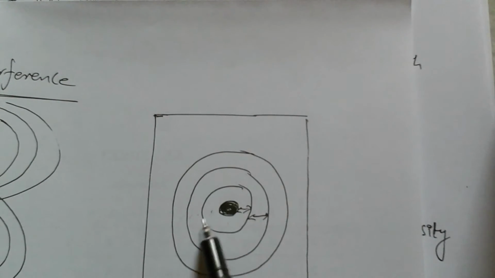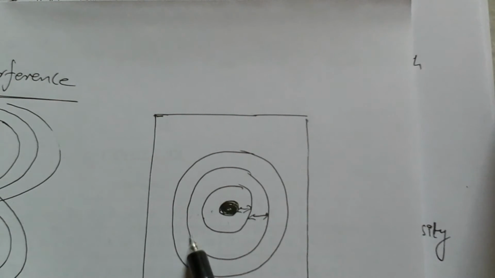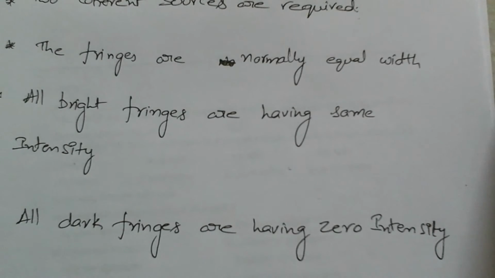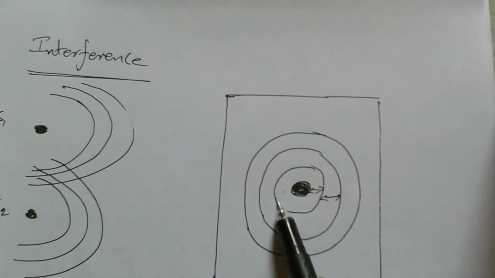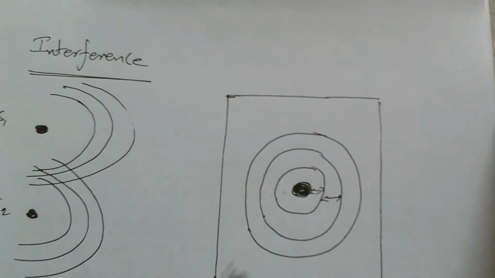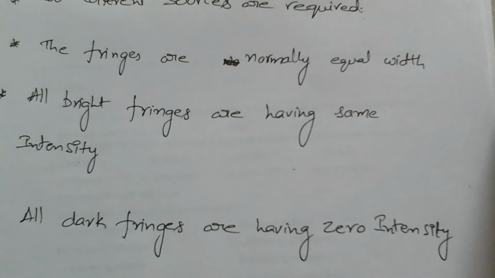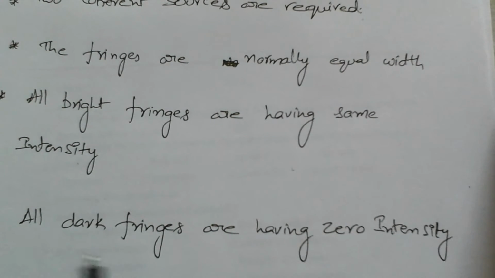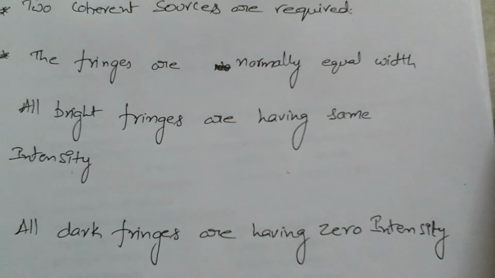This dark fringe, this dark fringe, this dark fringe, the intensity is zero. So all the dark fringes have zero intensity.